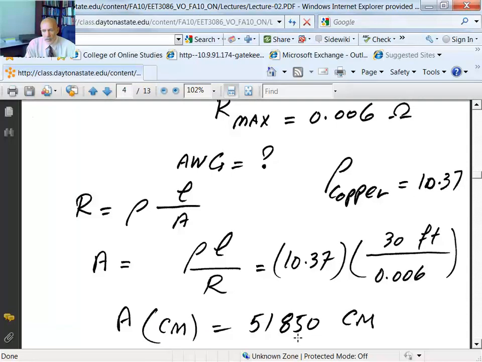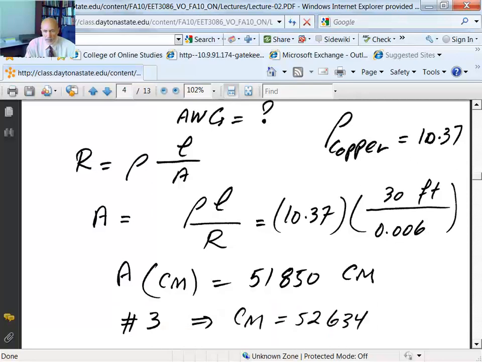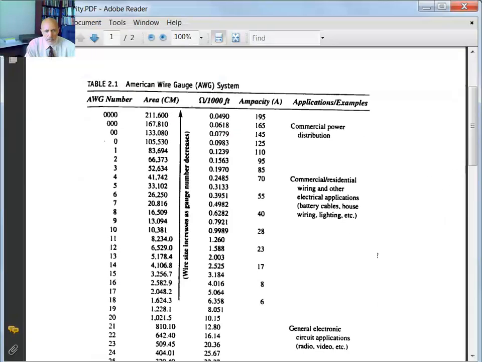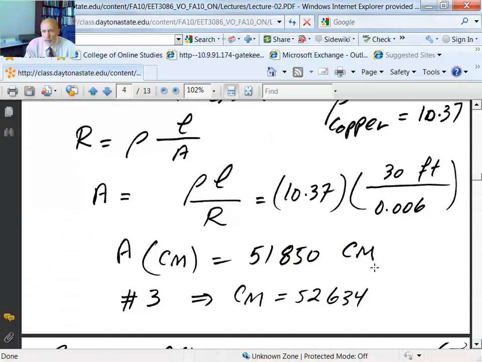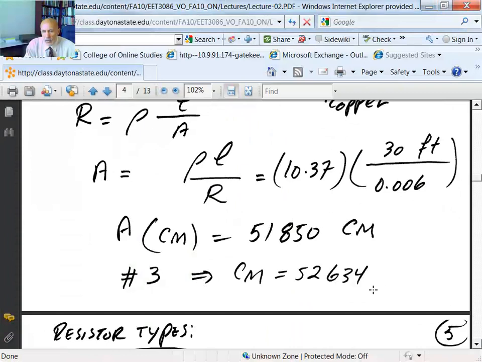51,850. Then you go to the table and you find 51,850 circular mils or something very close to it. So if you look at the table, the closest one to 51 something is number 3, which is 52,634.